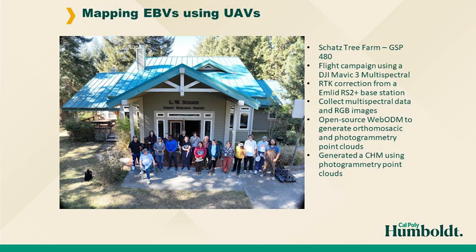My lab bought a DJI Mavic 3 multi-spectral drone, which has about 5 bands: RGB, near infrared, and red edge. We flew that drone and connected it to an MLED unit, so the drone was receiving what is called real-time kinematic correction, so that you could get very precise location of trees in a forest.